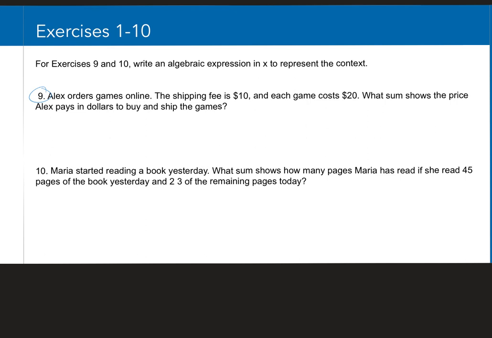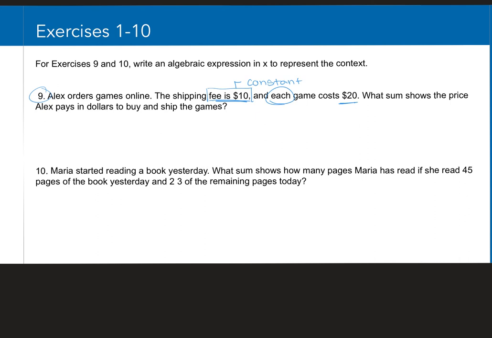All right, so let's look here. So we have a shipping fee of $10, all right? So this shipping fee of $10 is going to represent our constant, because we can tell when we have a shipping fee, that is a flat cost. So that is going to represent our constant. All right. Keyword here, each, is telling us that each game is going to cost $20. Do we know how many games Alex is going to buy? Absolutely not.